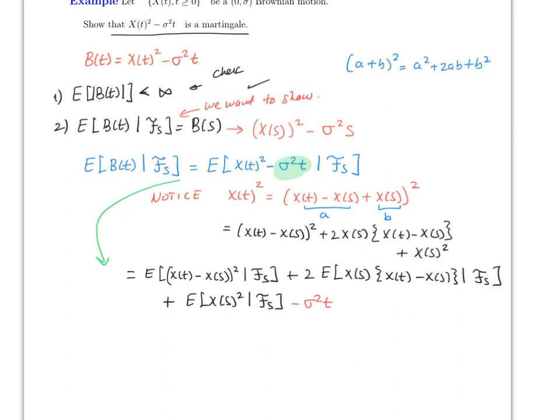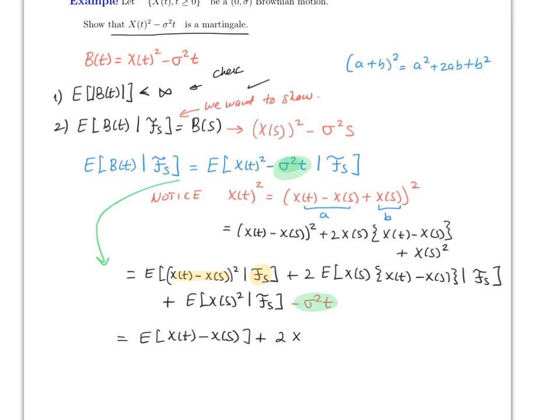Okay, remember, do not forget about this part, which is this one. All right, remember that this was independent of this because of the independent increments that we talked about before. So therefore, the first part is just going to be the expected value of xt minus xs squared. Now, for the second part, this is measurable with respect to this, so you can take it outside, just like we did before.